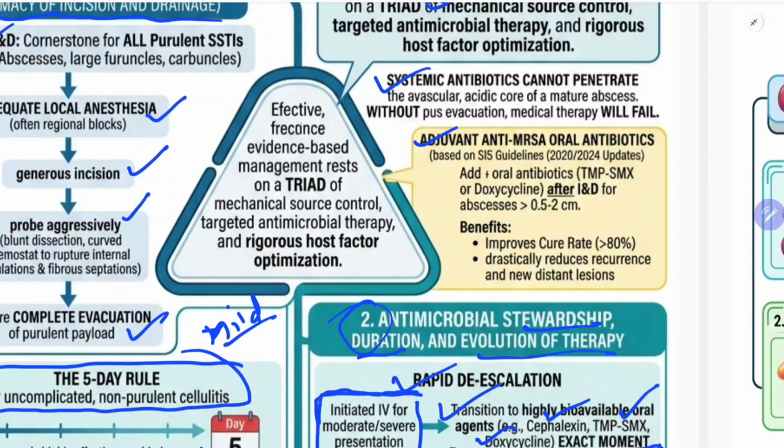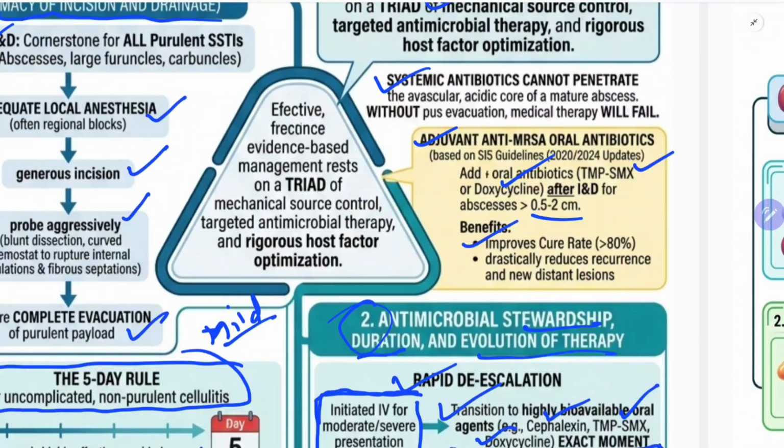Adjuvant anti-MRSA oral antibiotics, based on the 2020 or 2024 guideline updates: add oral antibiotics like cotrimoxazole or doxycycline after incision and drainage if the abscess was more than 0.5 to 2 cm in size.